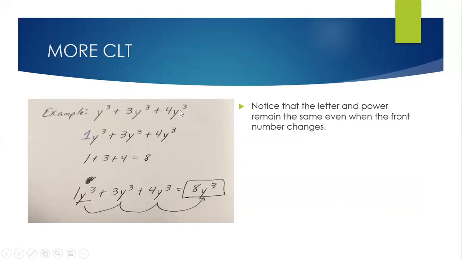Now, before I do anything else, I have to remember that in math, we do this thing called the invisible one. So here, even though I don't see a coefficient, I might say there's no coefficient. Yes, there is. The coefficient is our invisible one. So before I do anything else, I take an extra step and write my 1 out.